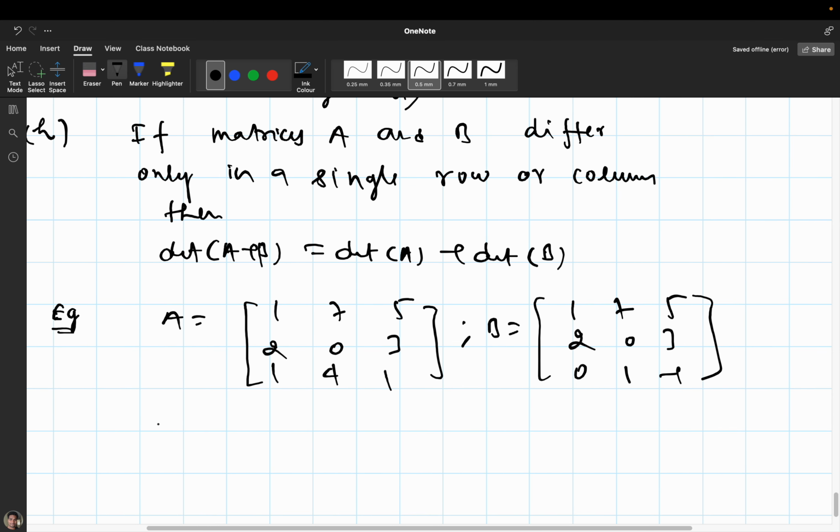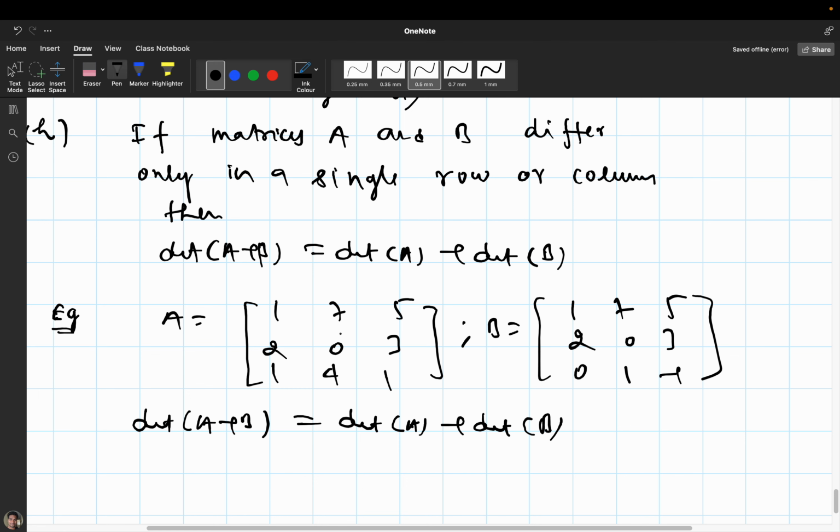In this case, if you add these, then the determinant of A plus B will be equal to the determinant of A plus the determinant of B. So this is the special case.